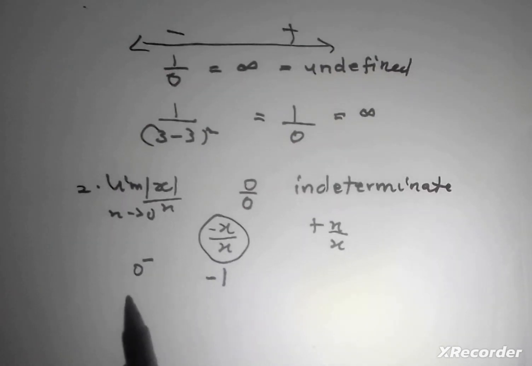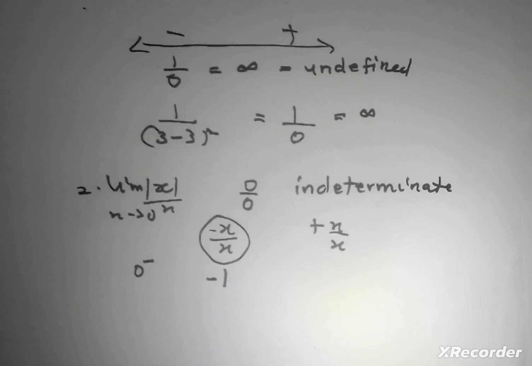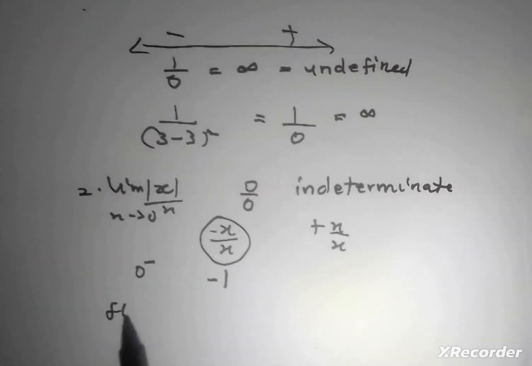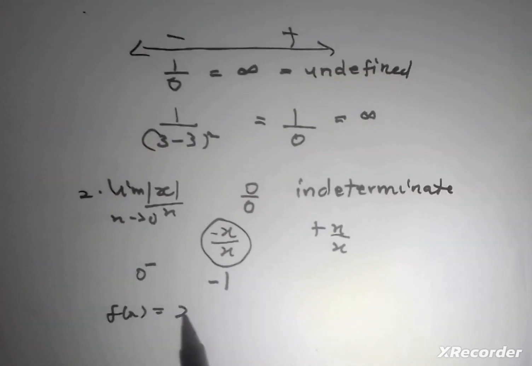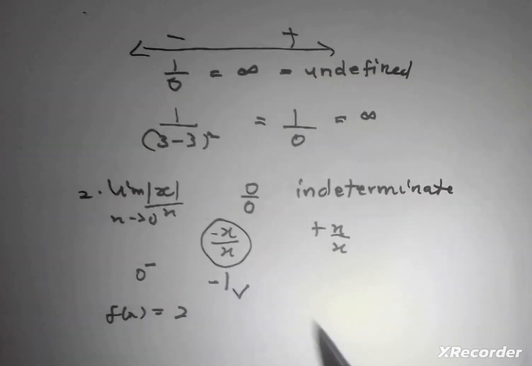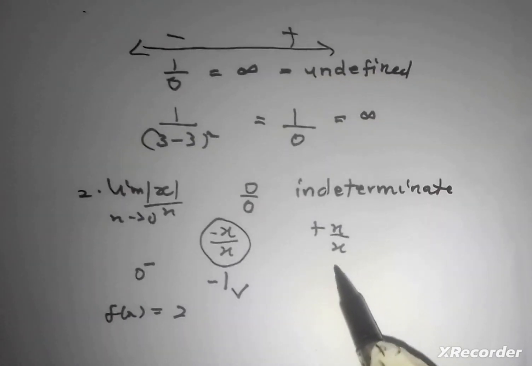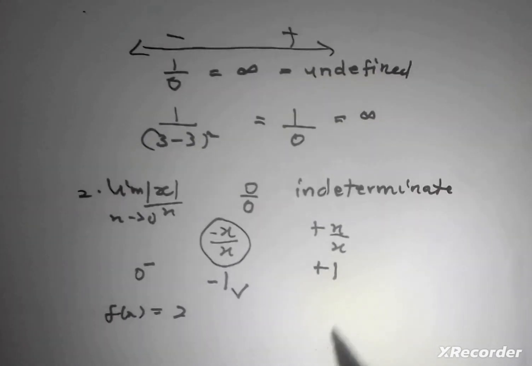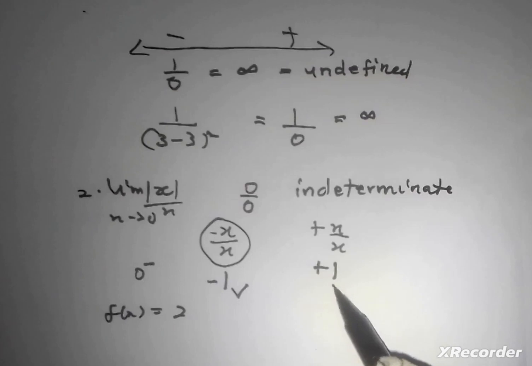Remember, the limit of every constant function is equal to the function itself. If you have f of x is equal to 2 and you find the limit as x approaches any number, the answer will give us 2. So from here, since we have negative 1 here, the limit as x approaches 0 from the left is negative 1. This place will simplify to give us positive 1. So the limit as x approaches 0 from the right will also give us positive 1.